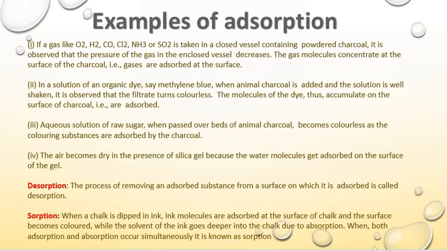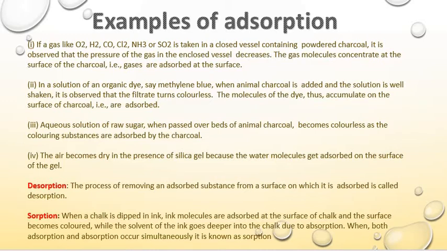Now one term is desorption. Desorption is the process of removing an adsorbed substance from the surface on which it is adsorbed. That means the removal of adsorbate from the adsorbent is called desorption. Another term, sorption.